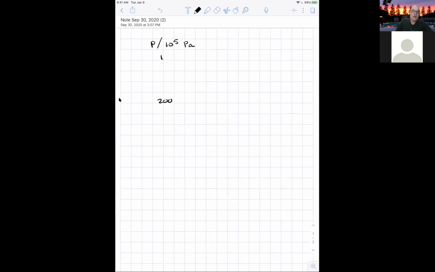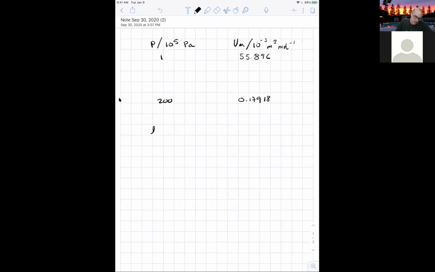And then I have the molar volume in units of 10 to the minus 3 meters cubed per mole, and I have 55.896. The last number I've got is 0.17918. If I was just plotting this data from this table, then those would be my limits.